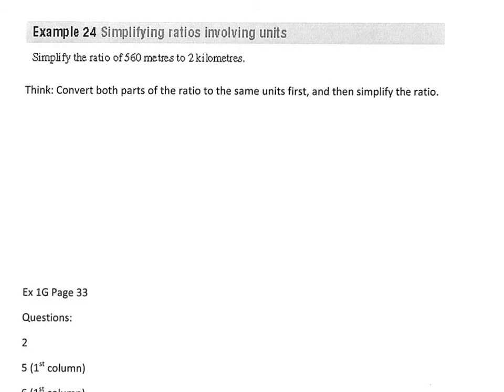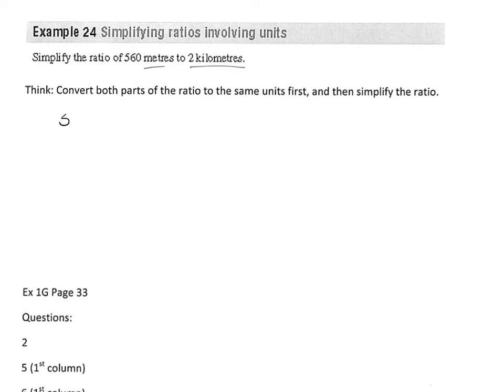Okay, the last example we're going to run through today is simplifying ratios involving units. So remember that a ratio is a comparison of two numbers that are in the same units. So that means that in this question, we've got metres and kilometres, we need to change them so that they're both in the same unit and then simplify our ratio.